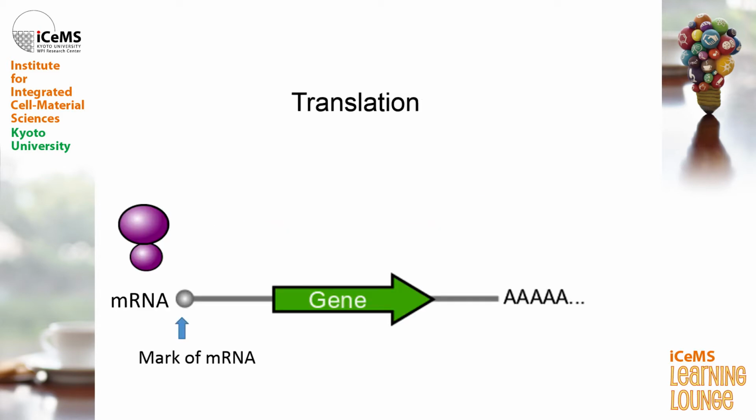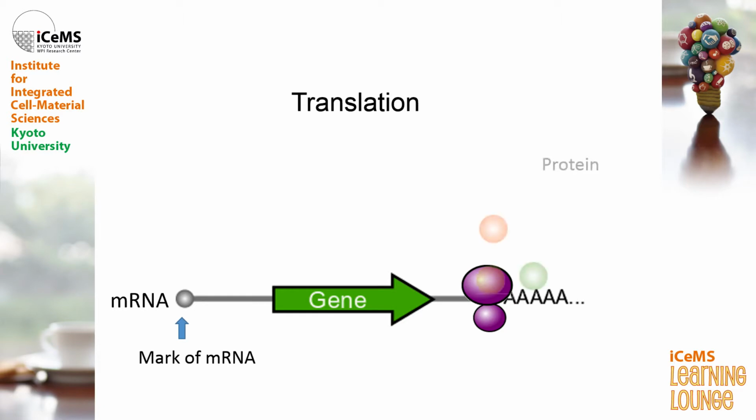Focusing on the translation, the protein is synthesized as follows. At first, genetic information is copied from DNA to messenger RNA. The messenger RNA has a mark at its end and an encoded gene. The messenger RNA is scanned by translational machinery called the ribosome from the mark at the end of the messenger RNA.